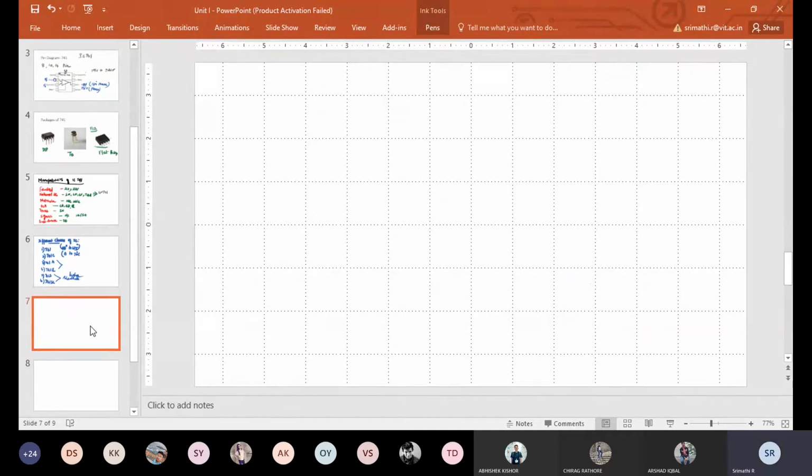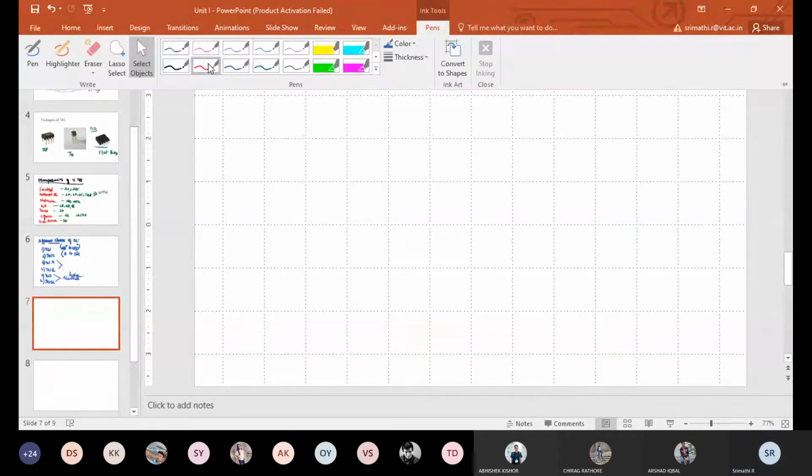So before going into detail, let me draw the schematic symbol of the op-amp. Generally, the op-amp will be represented by a triangle symbol like this or an arrowhead like this.